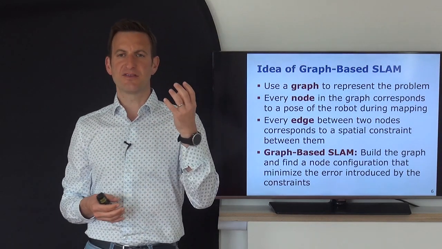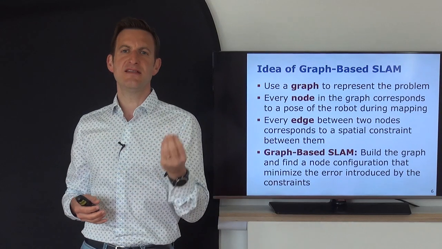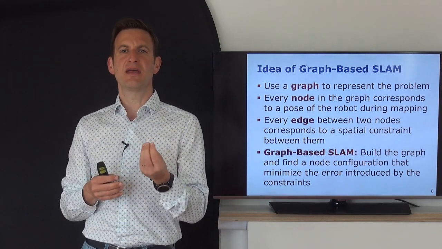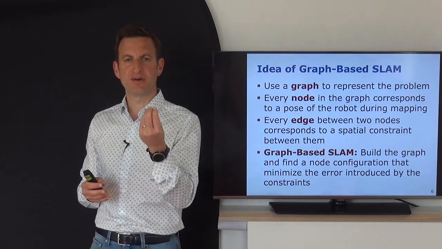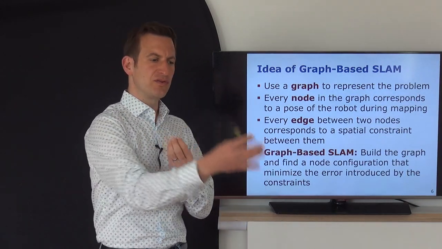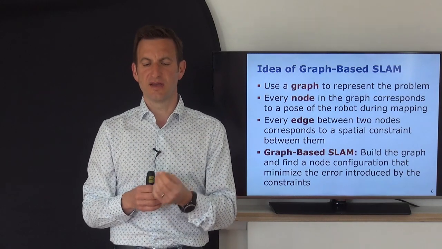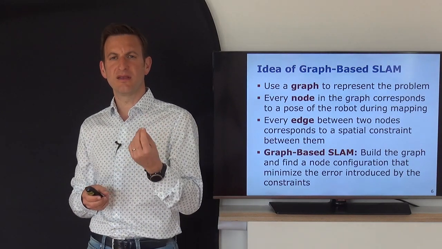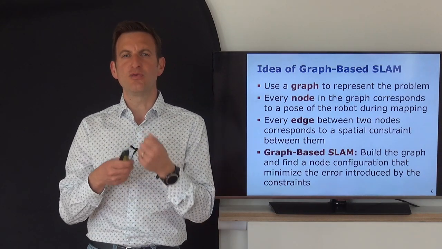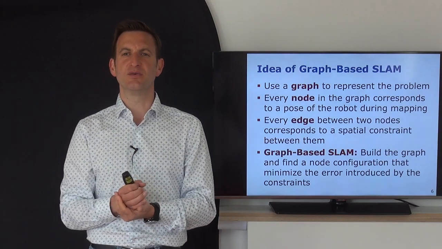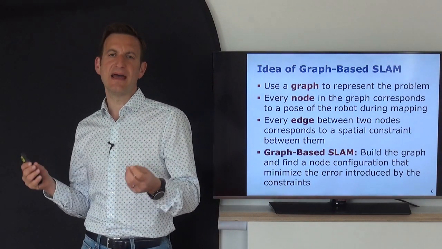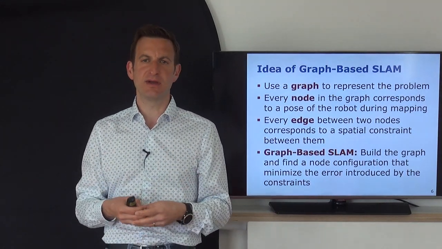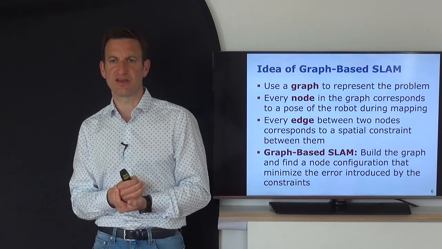So I can say pose number 10 is related to pose number 11 by being 1 meter away, and at the same point in time you can say pose number 10 can also be related to pose number 20 at a certain distance. This information is then used in the optimization problem to formulate the equations for the constraints. So every edge is connected to two poses and relates those two poses, either coming from odometry information or from my sensor observation, such as ICP.